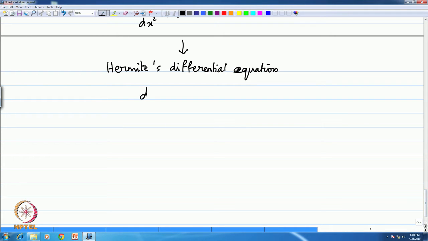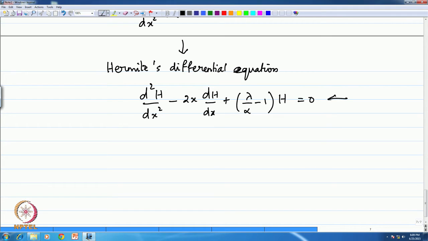The Hermite differential equation is d square H, the Hermite function, dx square minus 2x dH by dx plus lambda by alpha minus 1 H is equal to 0.